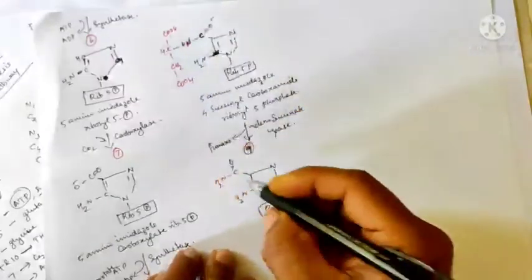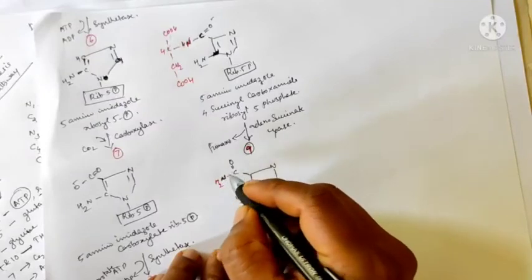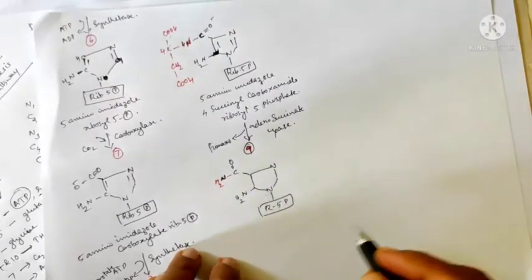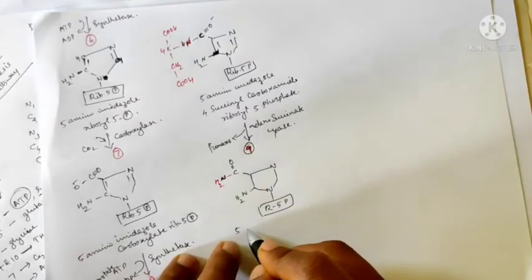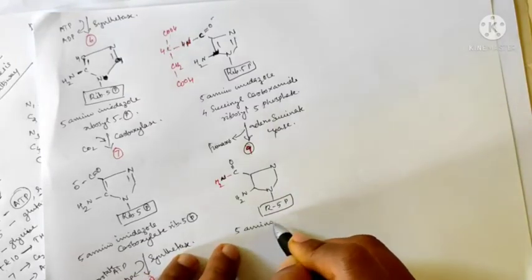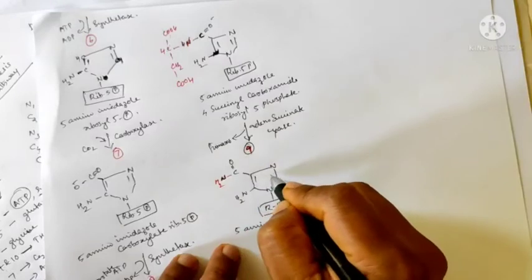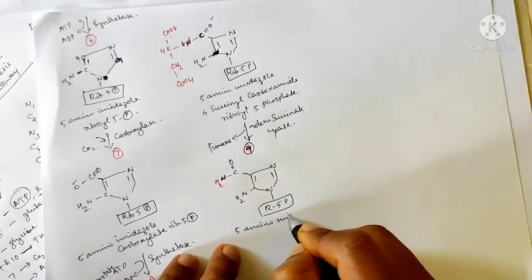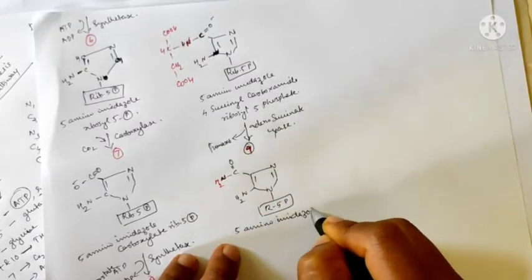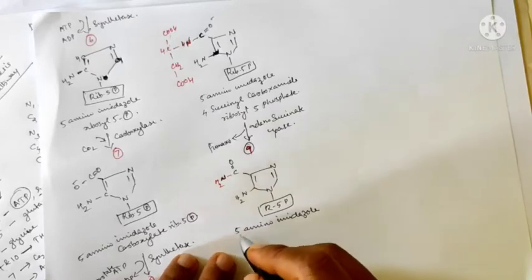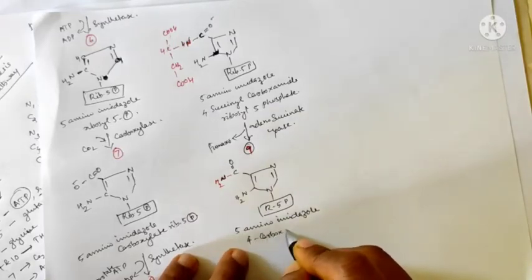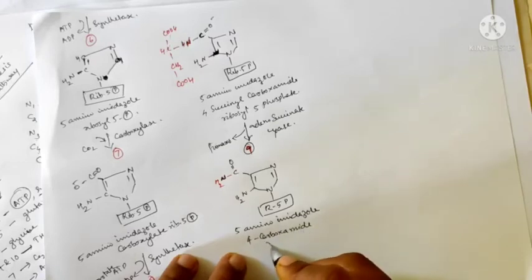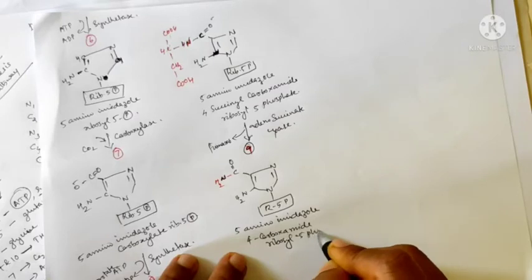Here only that NH2 remains. Okay. So this is 5-amino imidazole 4-carboxamide ribosyl 5-phosphate.